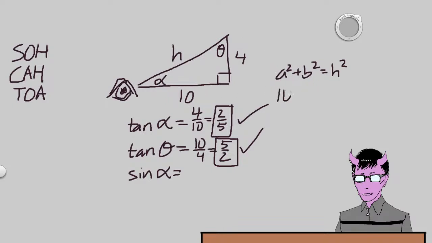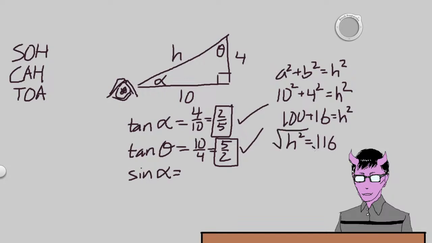Just stay consistent. So 10 squared plus 4 squared is equal to h squared. So we're going to have 100 plus 16. Rearranging, h squared is equal to 116.